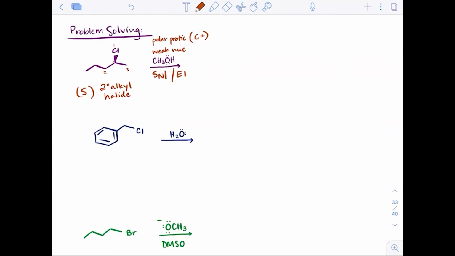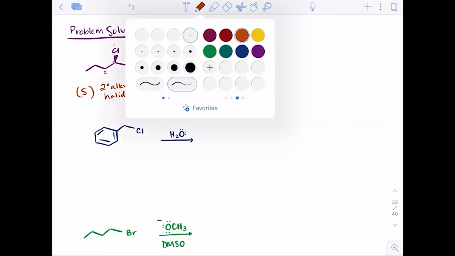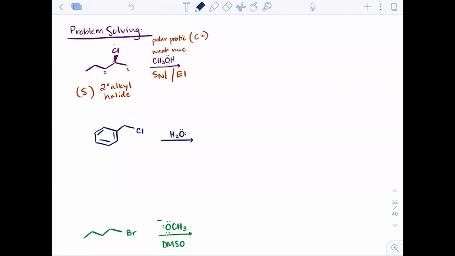So when we're looking at what we want to think about, we want to draw all the products for these. That's where we're going to start to really dive into understanding the products overall, right? And so looking at this, let's go ahead and think about the products. All right, I like to start off with my SN1 first.